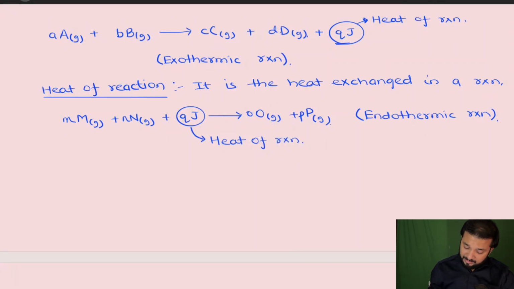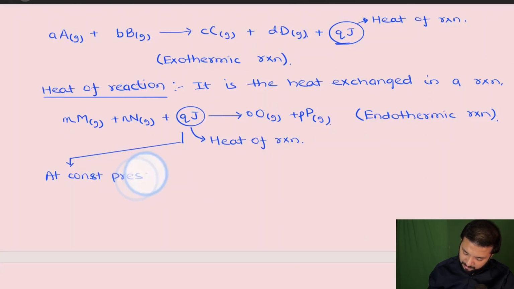Now, this reaction which I have written over here, or any particular reaction, can take place either at constant pressure condition, or it can take place at constant volume condition.